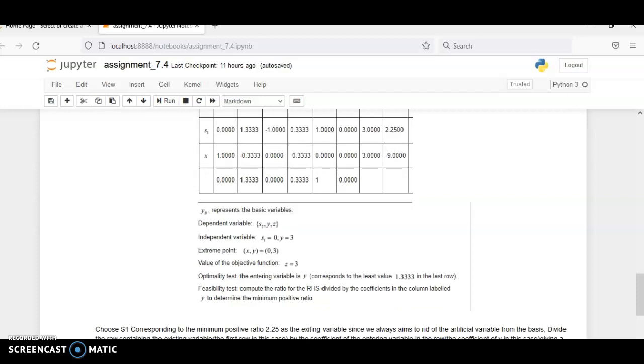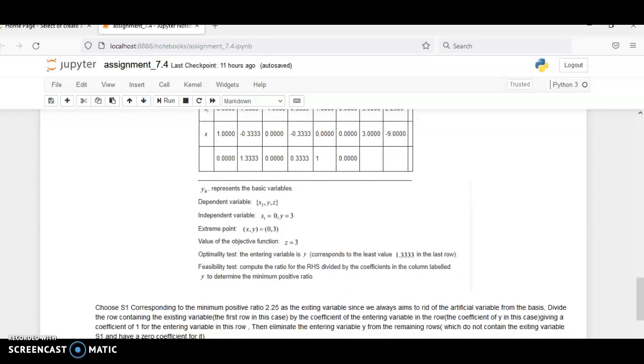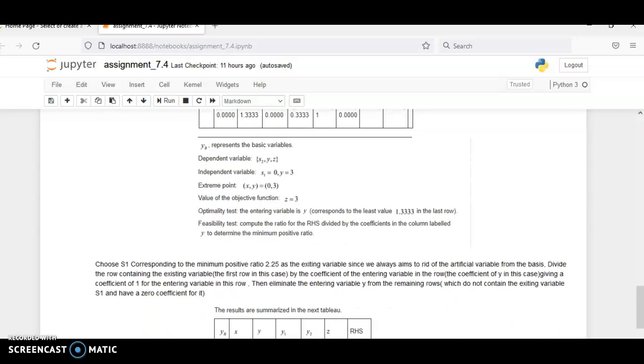This is the table we are getting, and it shows the basic variables. Dependent variables are as usual s2, y1 and z. Independent variables: s1 equals 0, y equals 3, and the extreme point is x, y equals 0, 3, and the value of the objective function is z equals 3.